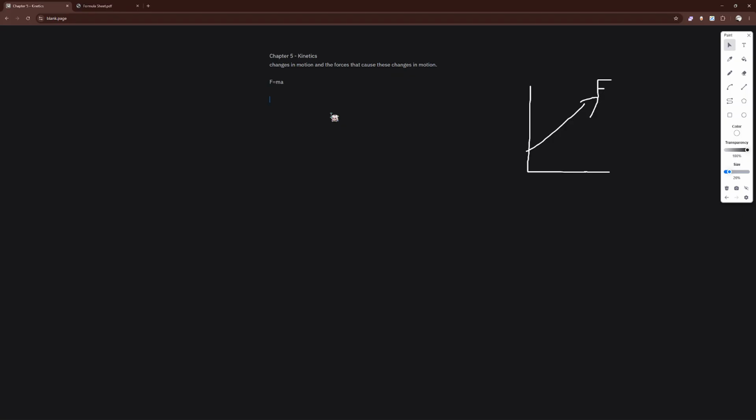One of the most important ones we need to know is the force of gravity, also known as weight. So W for weight. The formal theory for this is m1, m2, capital G, which is the gravitational constant, over radius squared.